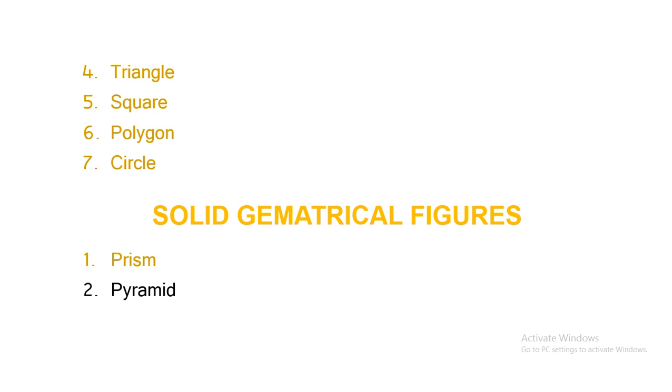If there is a circle on the bottom, such a shape is called a cone. The cut of a conical shape is called a frustum.